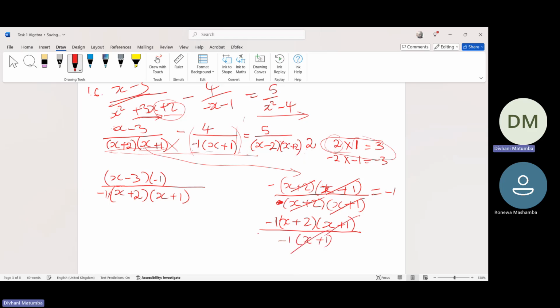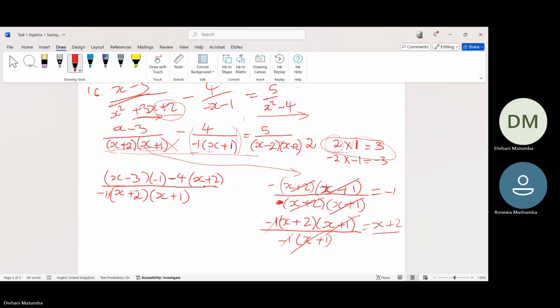Now, what is it that I'm left with? Negative divided by negative is a positive. So I'm going to be left with x plus 2. So this will be minus 4 times x plus 2. Okay, that's perfect.